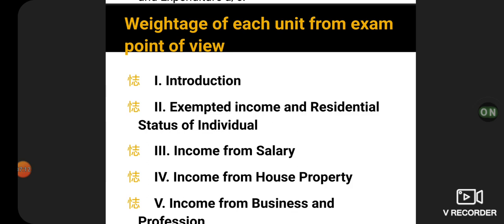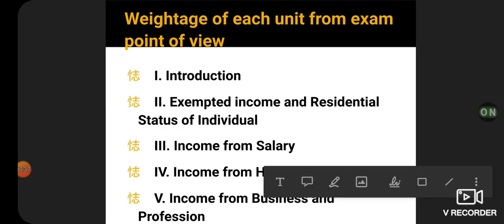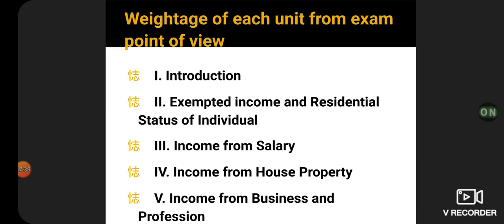The second unit is exempted income and residential status of individual, which is a combination of both theory as well as practical problems. The third unit is income from salary, which is purely problem oriented or practical oriented. Fourth, income from house property, is also a practical oriented unit. The fifth one, income from business and profession, is also practical oriented.